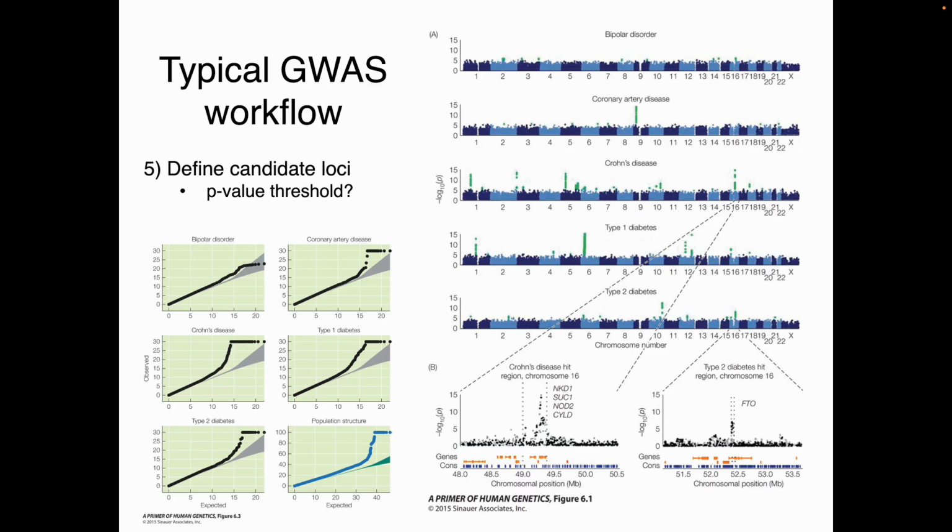So if everything was random, you wouldn't have these black dots sort of shooting up on the observed axis, okay? And so that gives you an idea that there are some SNPs in these data sets that you should expect to find above whatever significance threshold.